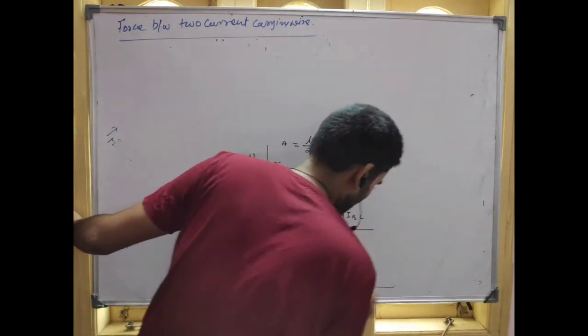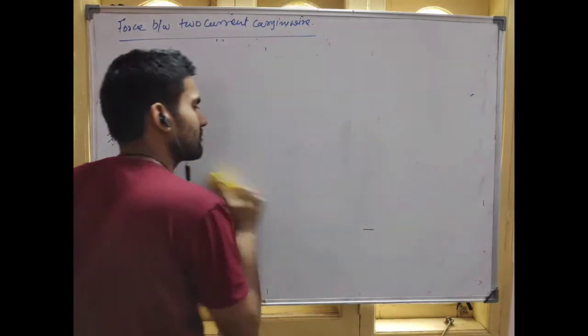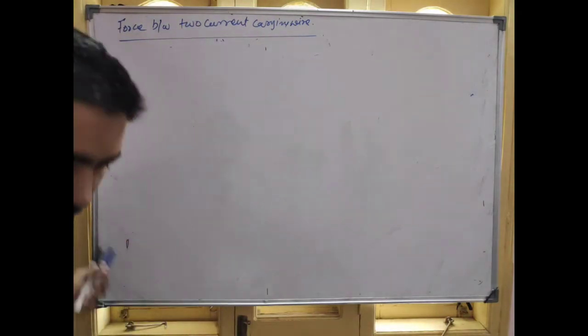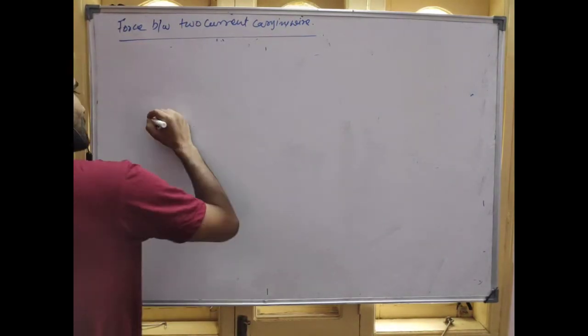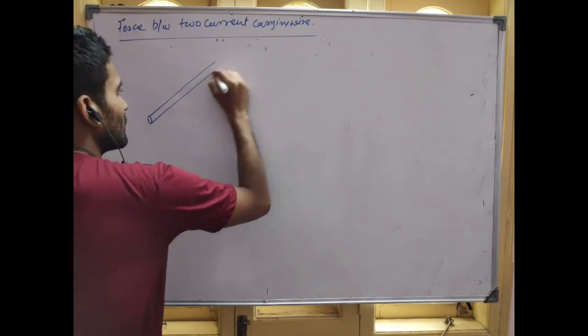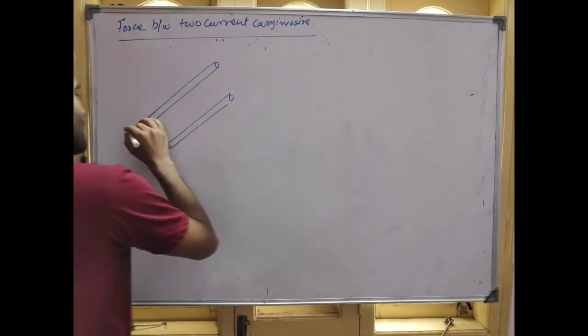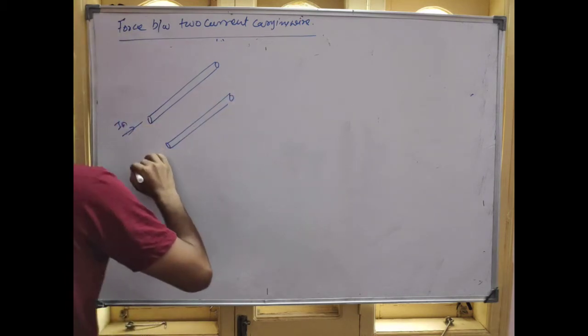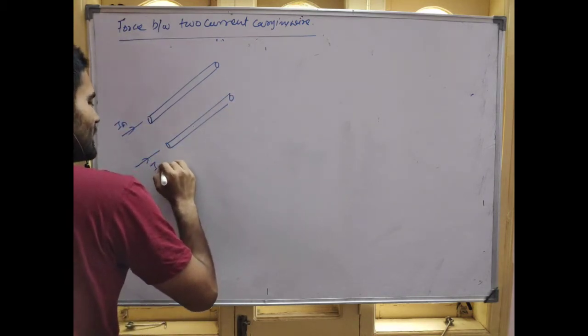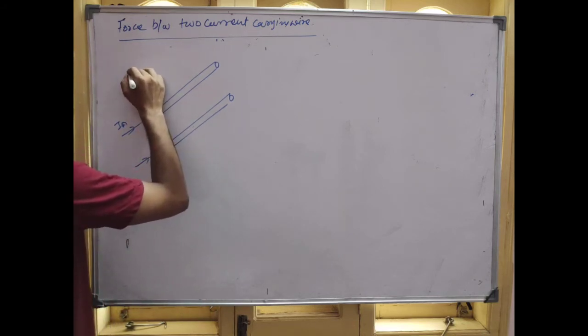Let's see. So guys, if two wires are there like this, having the same current, I_A here, I_B here, they are called parallel wires.